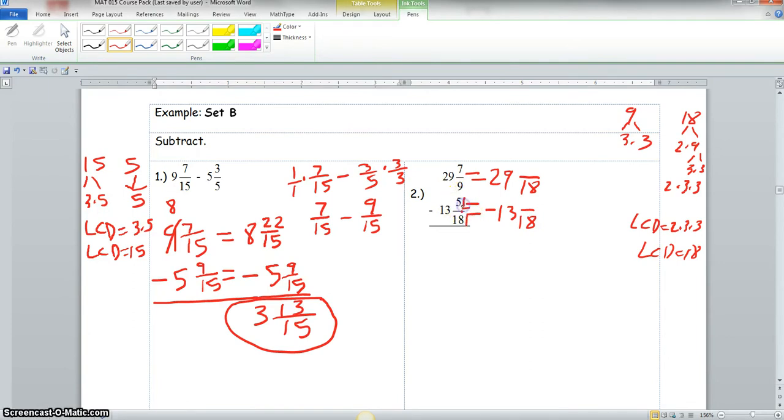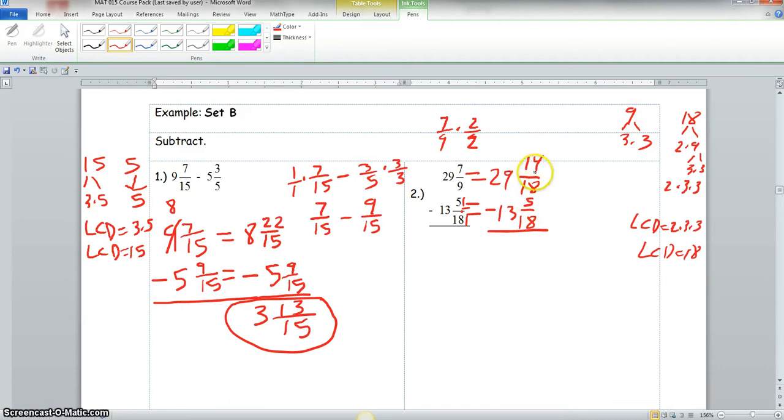So 5 times 1 is 5, and 18 times 1 is 18. Okay, next, 18 divided by 9 is 2. So we're going to take this 7/9 and multiply it by 2 over 2. 9 times 2 is 18. 7 times 2 is 14.